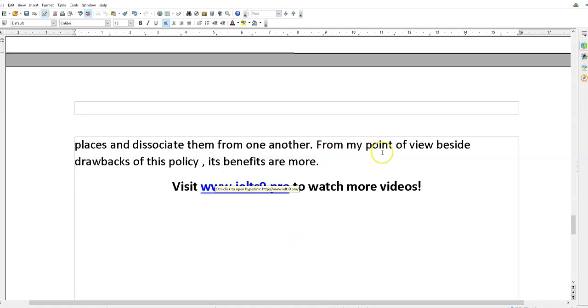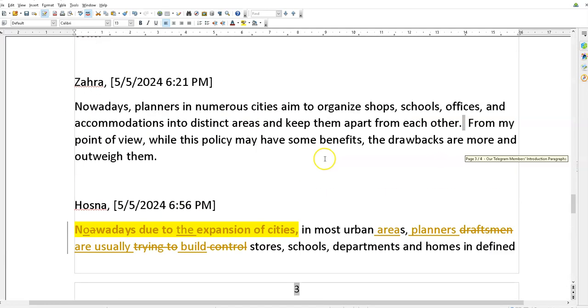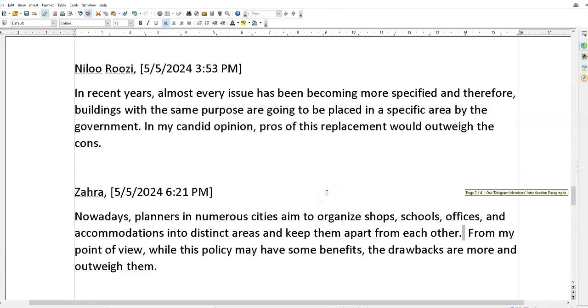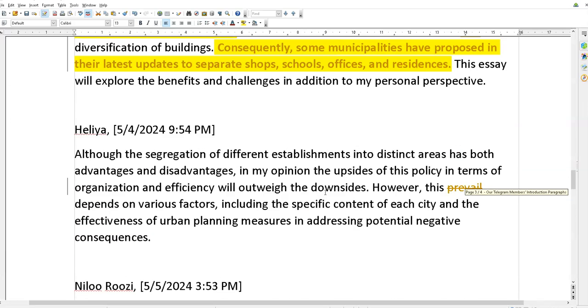Okay. From my point of view, beside drawbacks of this policy, its benefits are more. Okay, well that could do with being rewritten a little, I think. That's not very clear. From my point of view, beside the drawbacks, its benefits are more so. Okay. So, as I said, you need to be careful with your paraphrasing.